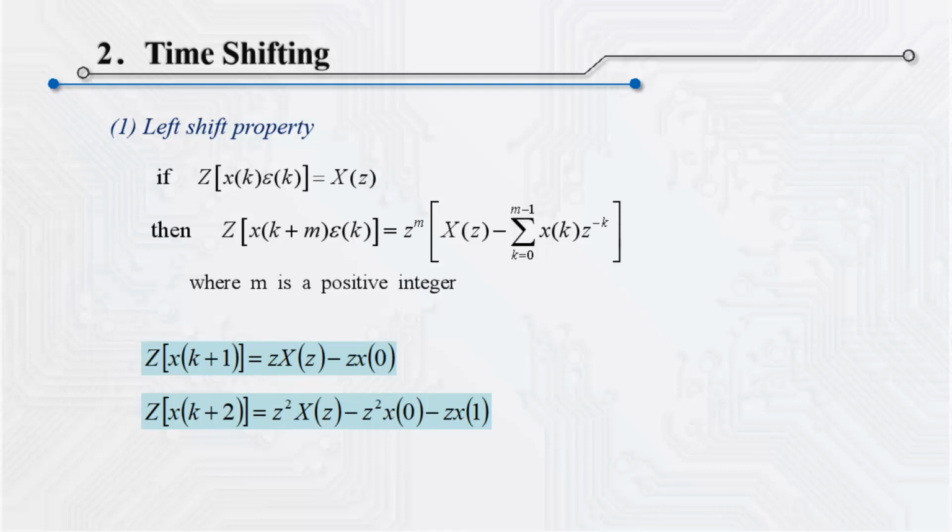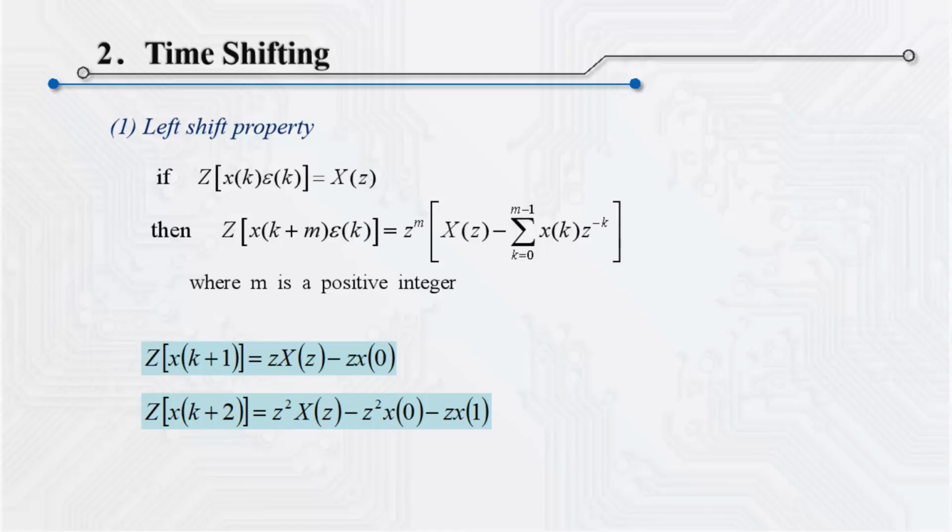Then, in this case, according to the previous lecture, after it finds the unilateral Z transform, it is based on the original X of Z. We need to consider not only the impact of its displacement, but also the removed amount of it. Therefore, the expression of the unilateral Z transform of the left shift characteristic is this expression.